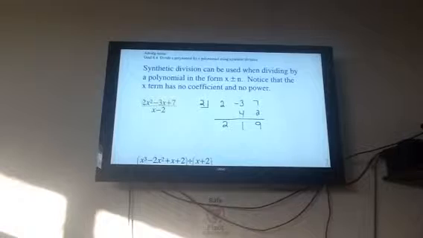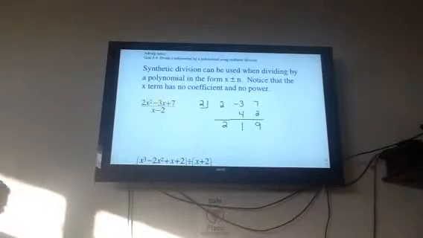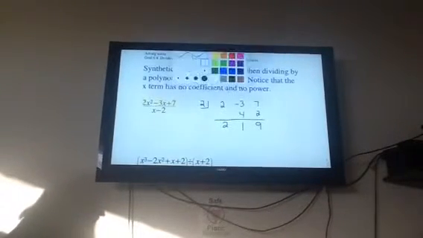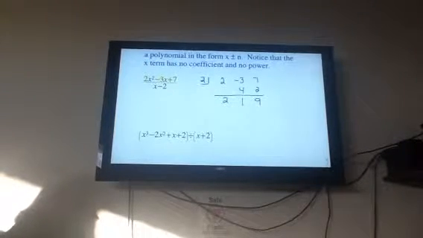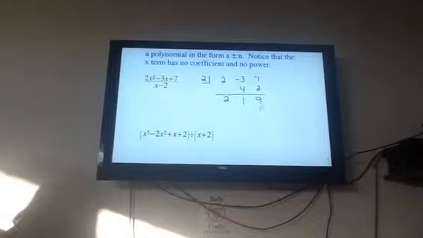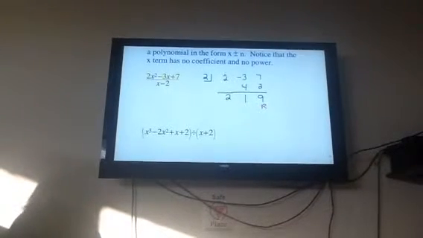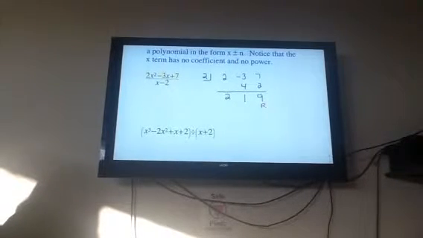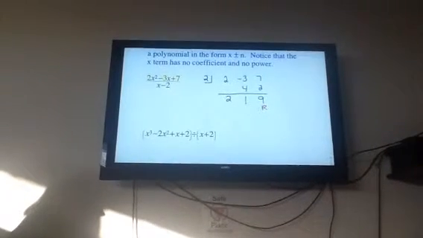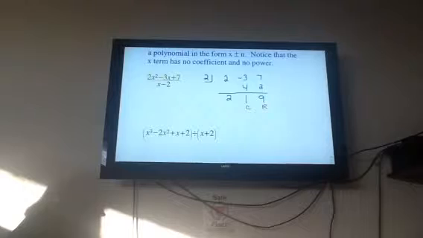Those numbers then represent something. There's a couple different ways you could look at it. I'm going to work from the right to the left first. The number you get last is your remainder. So that's always going to be your remainder, and it might be 0. If it's 0, you don't have a remainder. Working backwards then, this is my constant term.